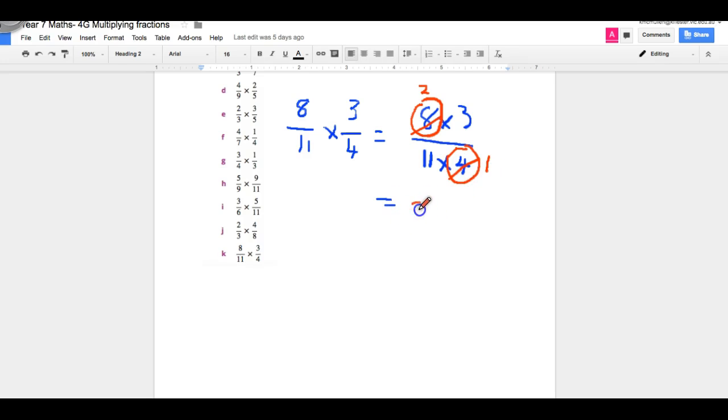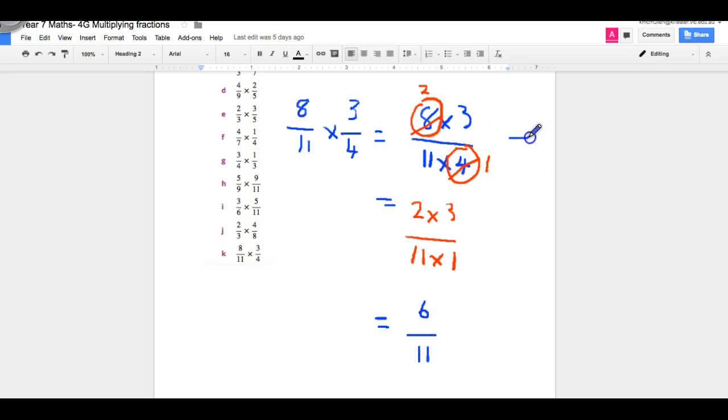So what I am left with now is 2 times 3 over 11 times 1. Now you don't have to do that, but it is an easier way if you have trouble simplifying. So I'll show you the other way if we didn't cancel out. So 2 times 3 is 6 over 11 times 1 is 11.